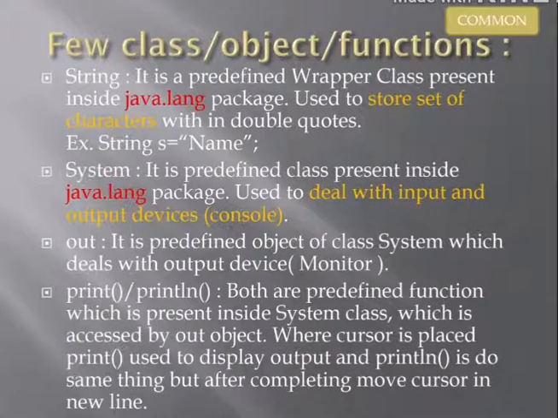Classes which are used commonly all lie inside java.lang. This is a very common class, that's why it is placed inside java.lang. Basically it stores a set of characters within double quotes. That's why I have written the example: String s equals double quotes name. Always remember, whenever we are using String, we have to provide it in double quotes.